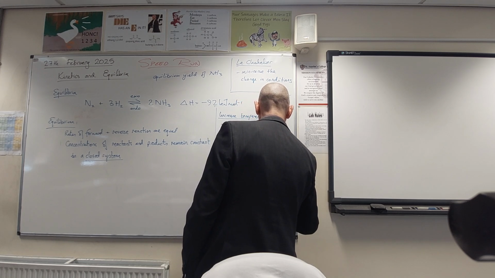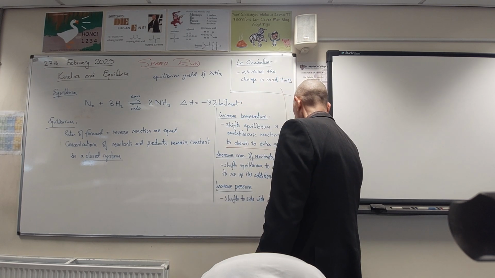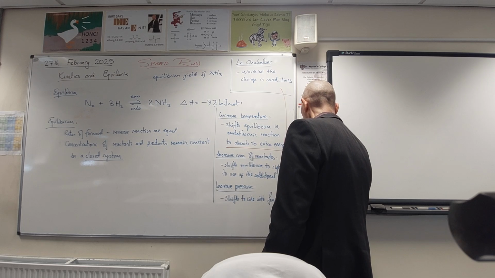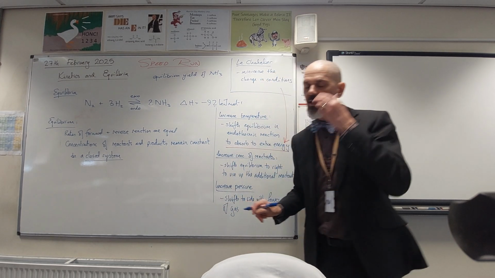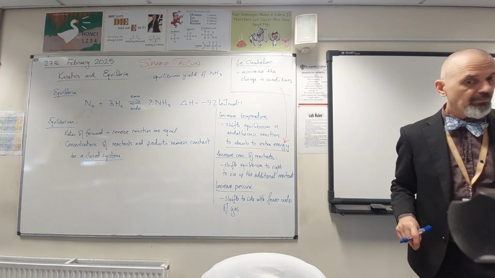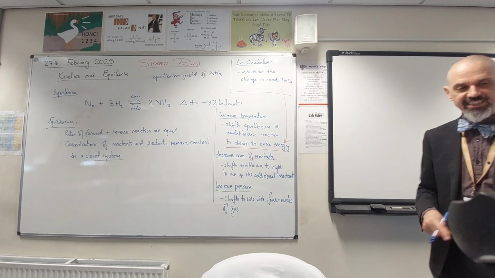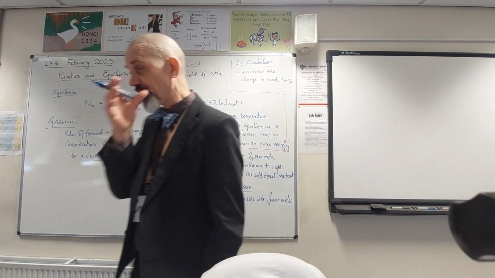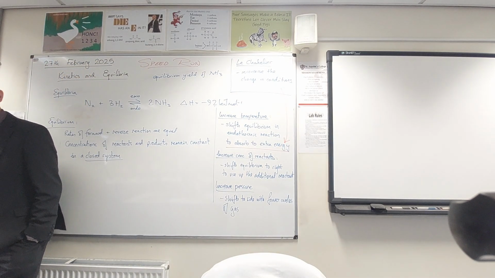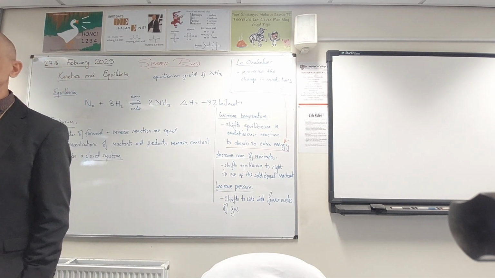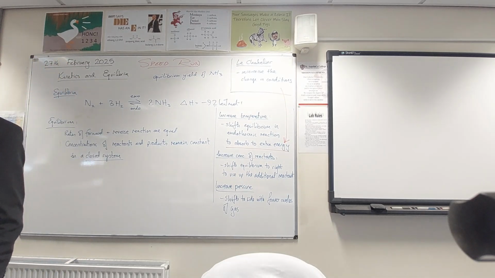I've just been marking the year 13 papers. There was a Le Chatelier question exactly like this, and I had a lot of people saying it goes to the side with fewer atoms, goes to the side with less stuff.